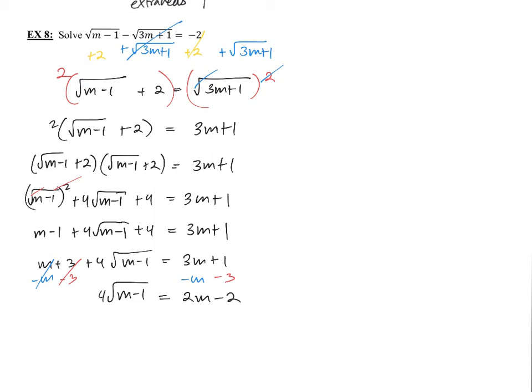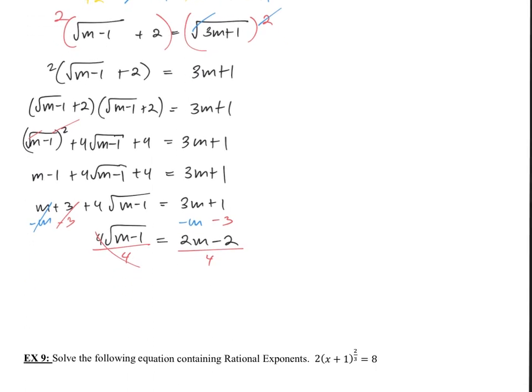The radical's almost by itself. Let's get rid of that 4. Dividing both sides by 4. Now I can go ahead and square both sides. Actually, let me do it on the next step.